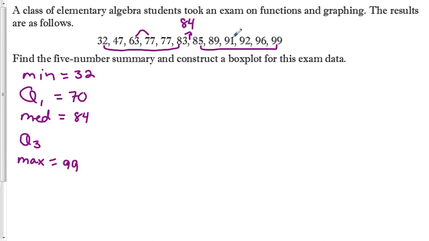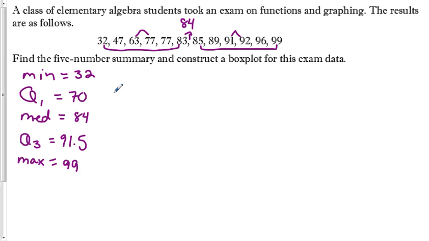Repeat that process. Between 91 and 92 is 91.5. Again, when you have 2 numbers and you need to find the middle of them, you're taking the mean of those numbers. 91 plus 92 divided by 2, 63 plus 77 divided by 2. Same process, rinse and repeat.